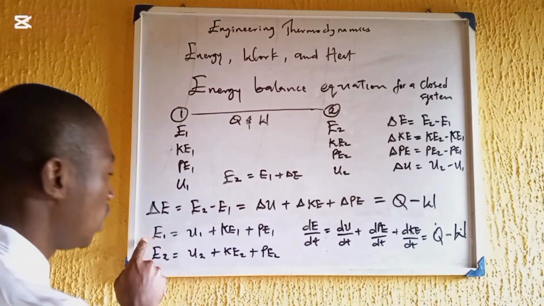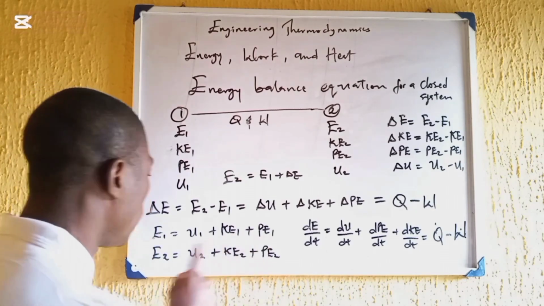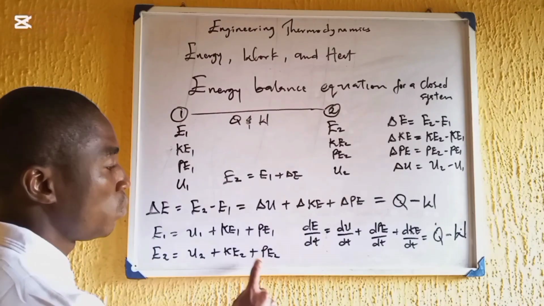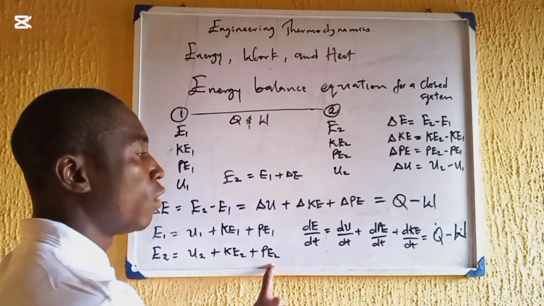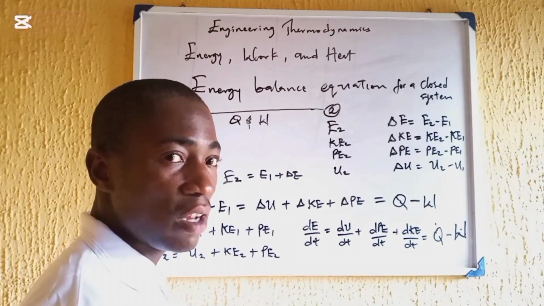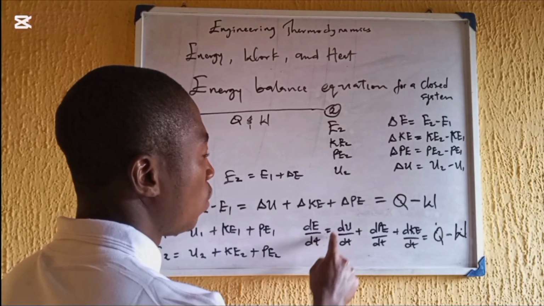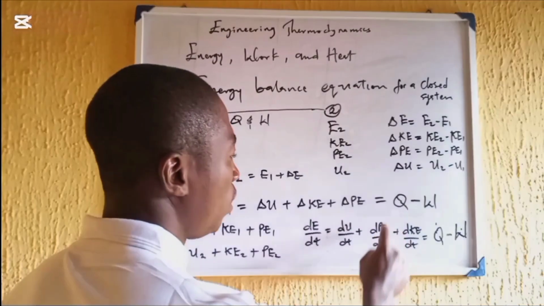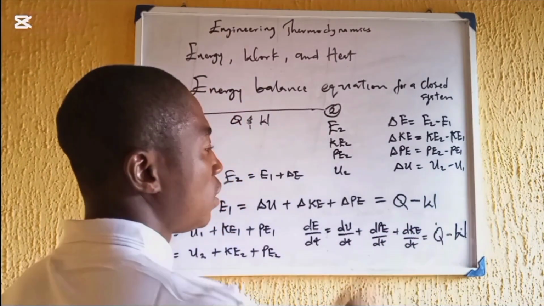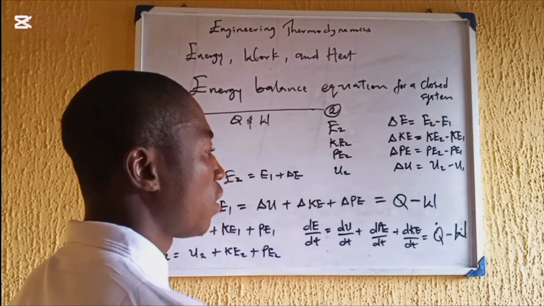So it implies that E1 is equal to U1 plus KE1 plus PE1, and E2 is equal to U2 plus KE2 plus PE2. Now, I want to look at the rate of transfer of energy. We'll have dE/dt equal to dU/dt plus dPE/dt plus dKE/dt, which is equal to Q dot. There is a dot here showing the rate of energy transfer by heat.